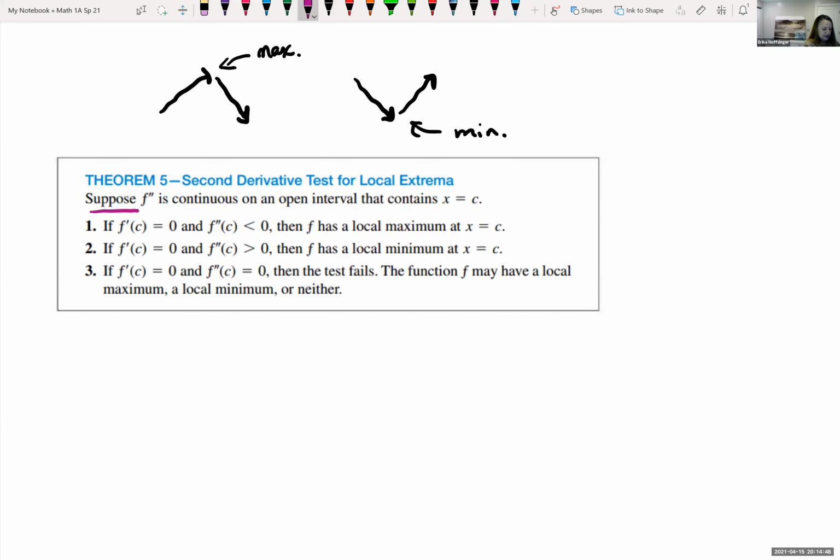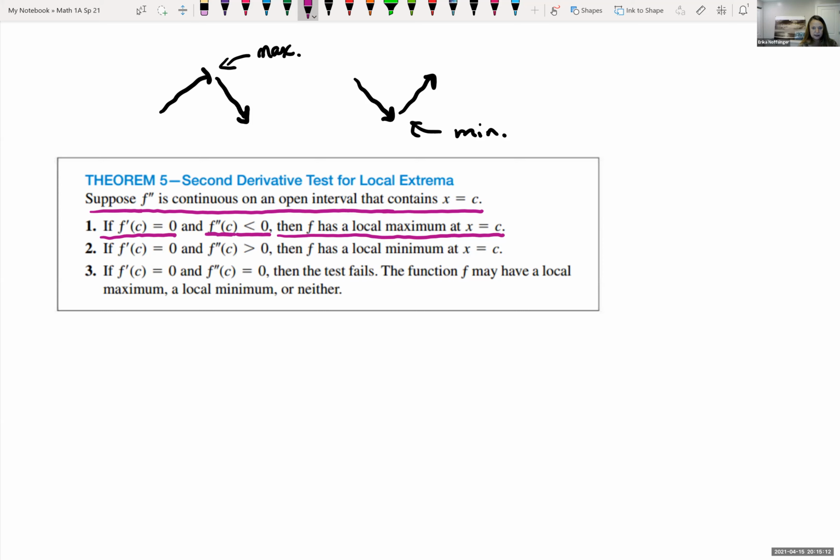This says, suppose that your second derivative is continuous on some open interval that contains the value x equals c. If the first derivative is equal to 0 and we plug that critical number into the second derivative and it's less than 0, then we can say there's a local max at c.